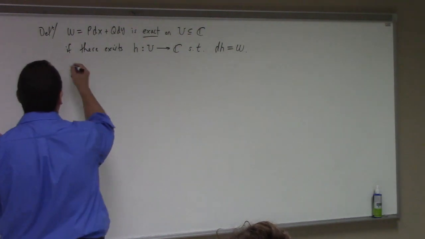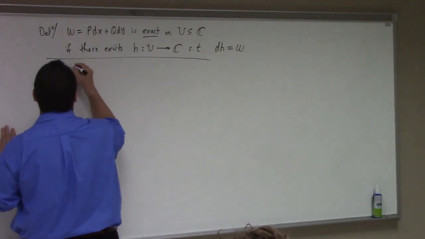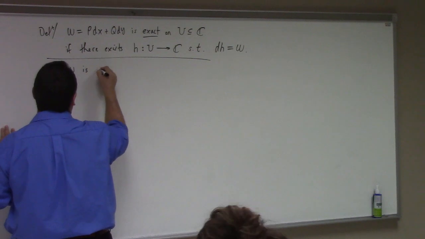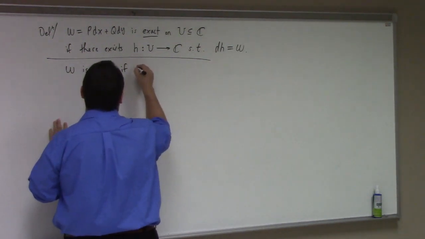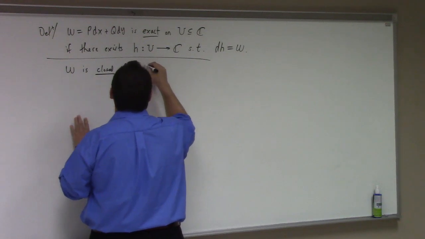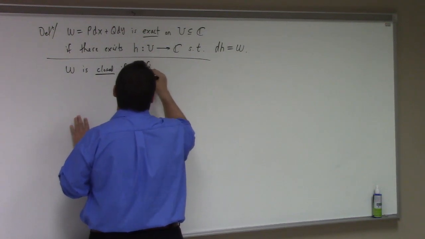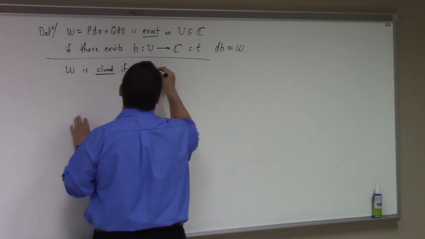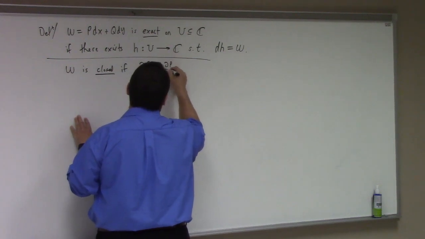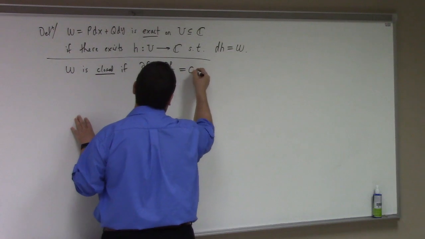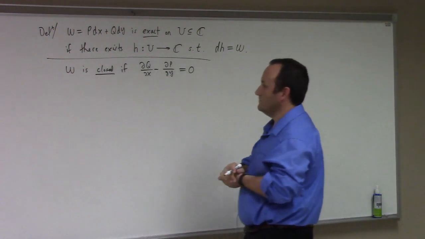Then there's also a closed form. Omega is closed if partial q, partial x, minus partial p, partial y is equal to 0. Or you could just say that those are equal.